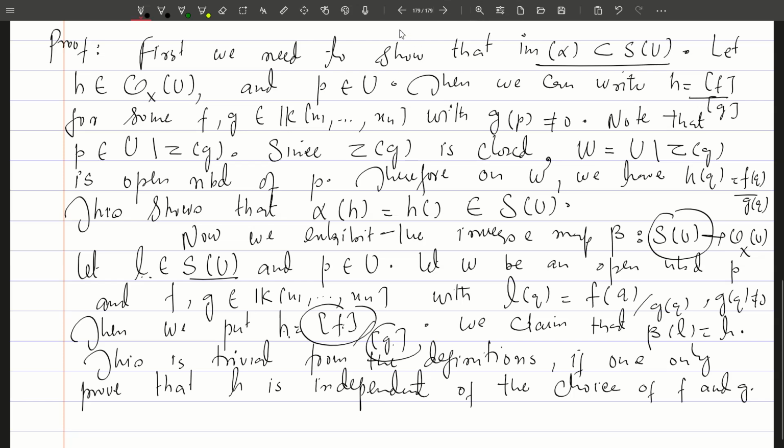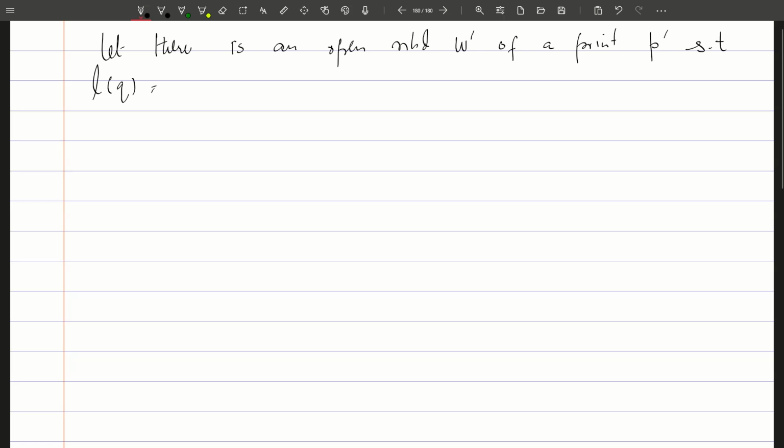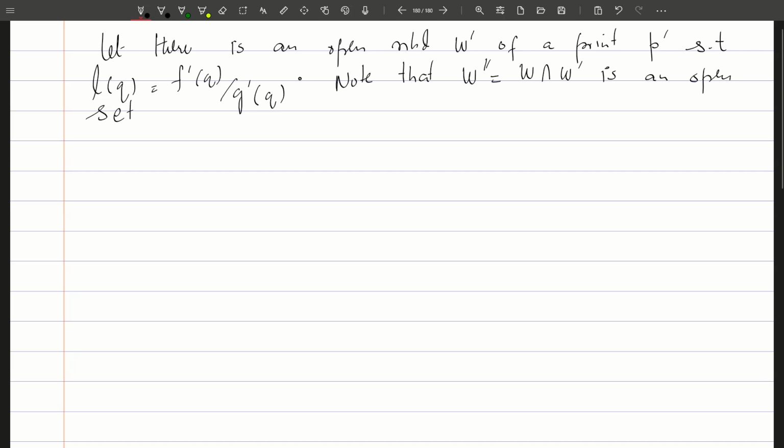Now let us show this H is actually independent of the choice of F and G. So let there be an open neighborhood, say W prime, of a point, say P prime, such that L of Q is equal to F prime Q over G prime Q. Now note that if we let W double prime be equal to W intersection W prime, then this is an open subset of X, because both W and W prime are open.